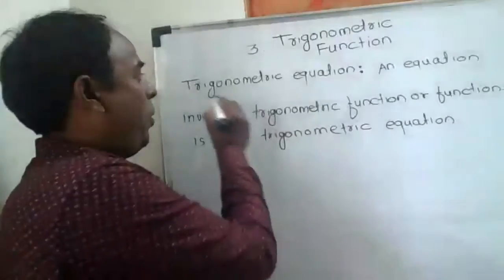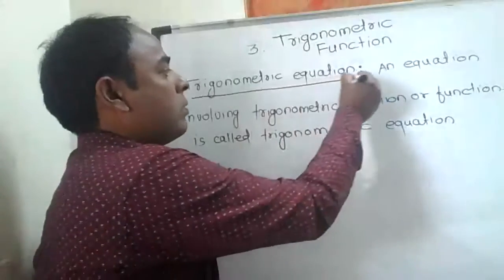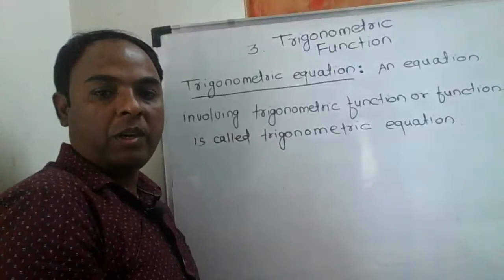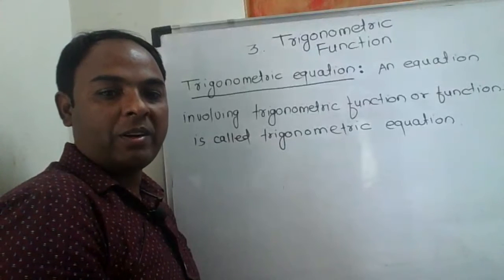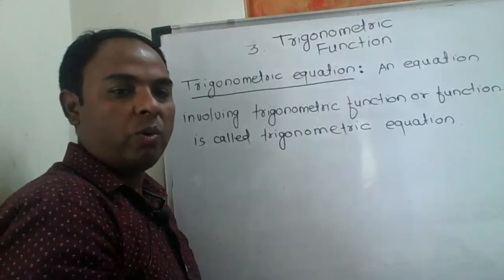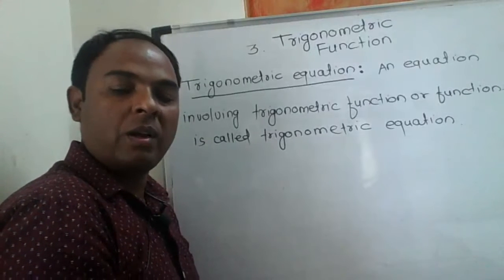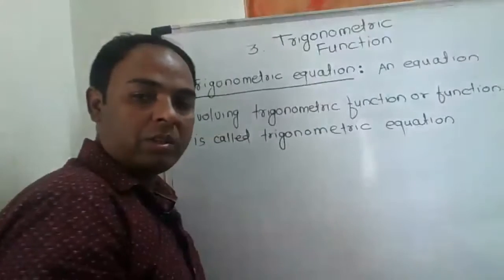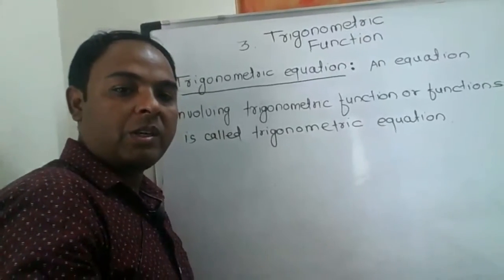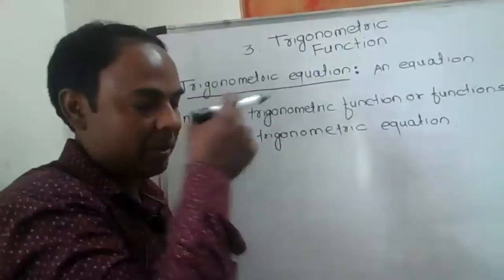So what are trigonometric equations? An equation involving trigonometric functions. There can be one or even two. 3 sin theta plus 4 cos theta is equal to 1. Function or functions, it is called a trigonometric equation.